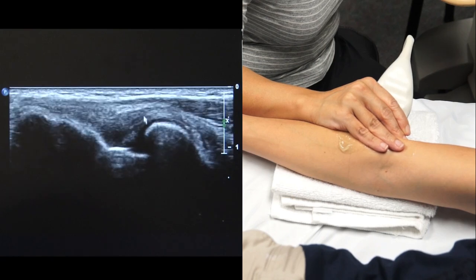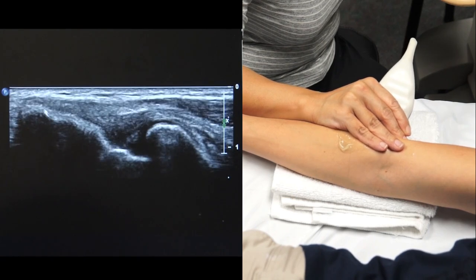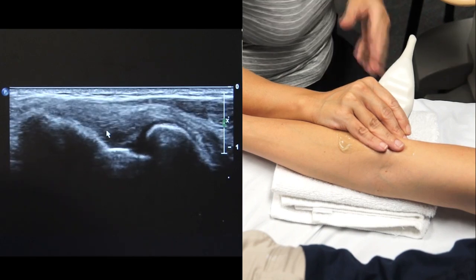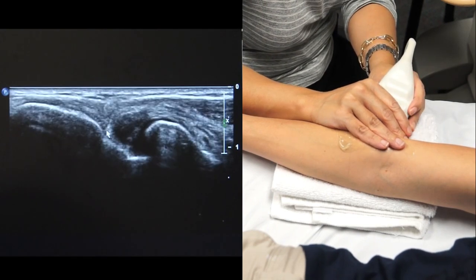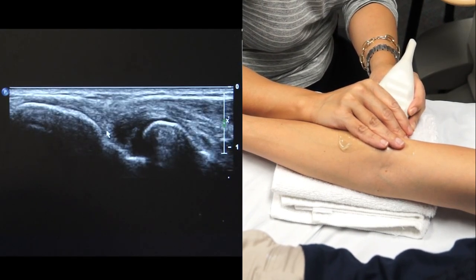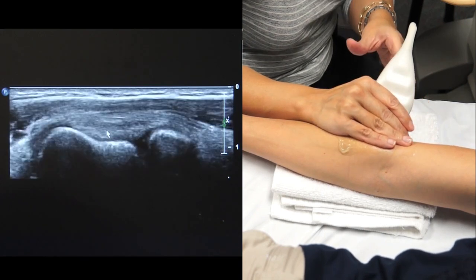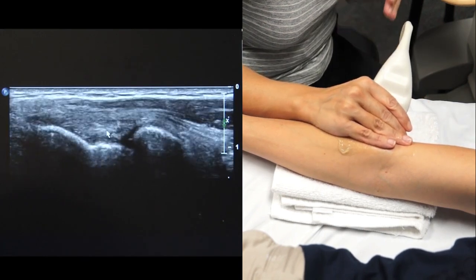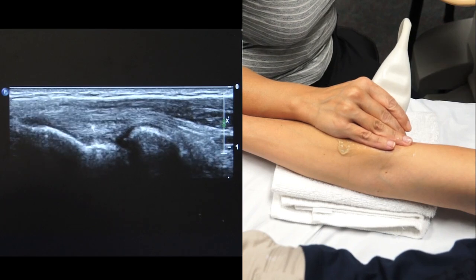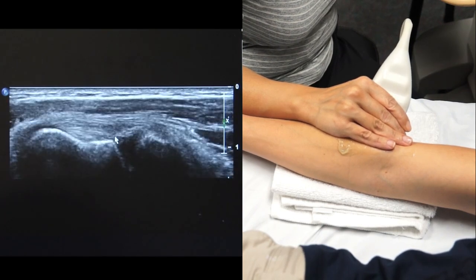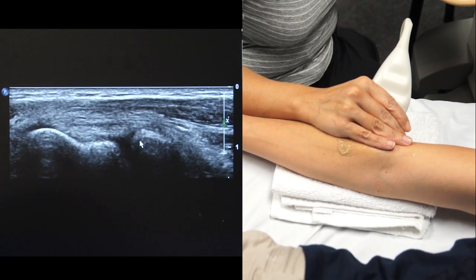Here is the joint line. Here is the common extensor tendon. And here are the parallel fibers as they are coming in toward their insertion. Look and note that the bony surface is smooth. And as we angle more anteriorly, we will be looking at the radial collateral ligament, which goes across the joint.